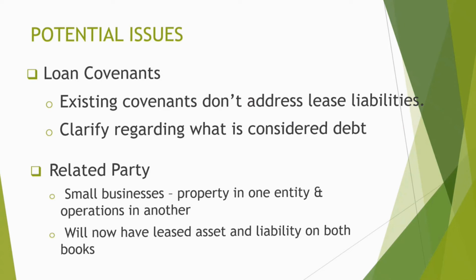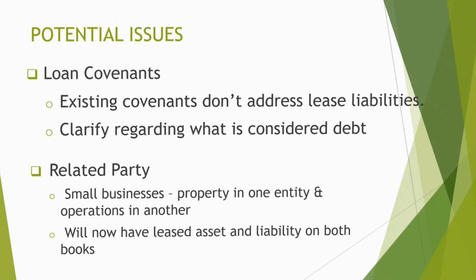And also there's a related party issue. Small businesses, oftentimes the owners will own the leased property in one entity, and then they lease it to the operating company, which is held in another entity. And we bankers would be looking at each entity, and we'd see the fixed assets on the lessor and just the rent expense and rent income kind of net out.